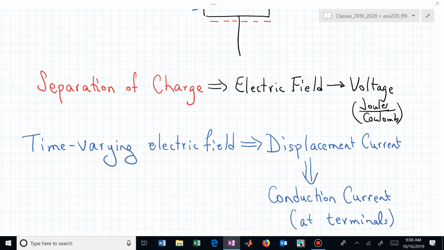The operation is really this separation of charge. When you have charge separation, then you have an electric field from the plus charges to the minus charges, and that now establishes a voltage. The energy is stored in that electric field.